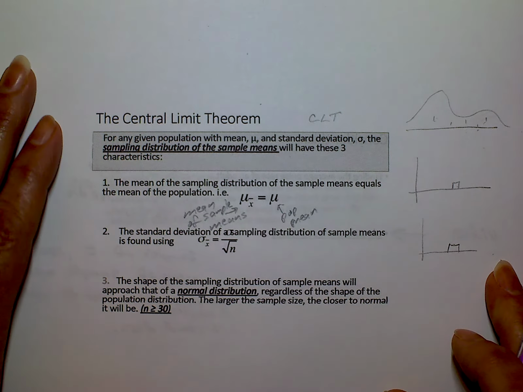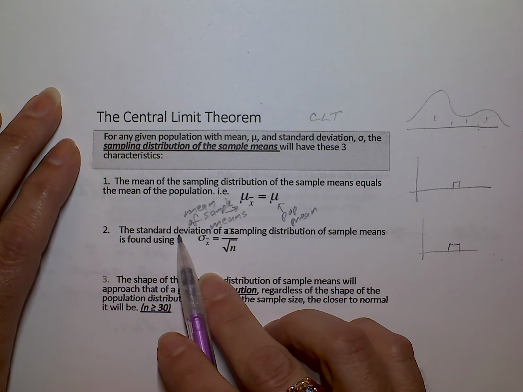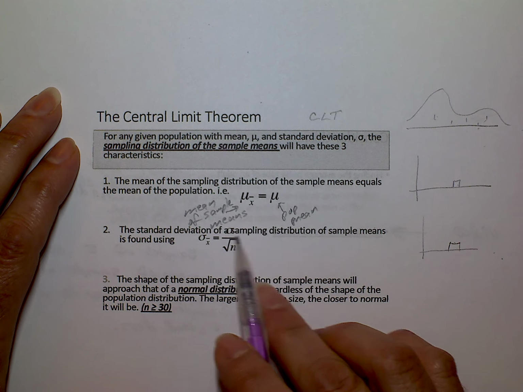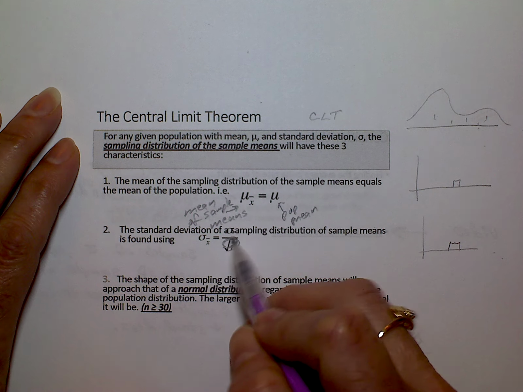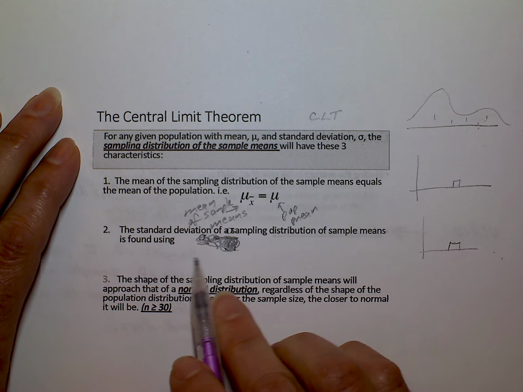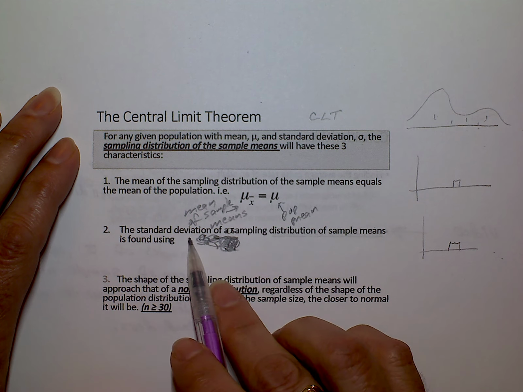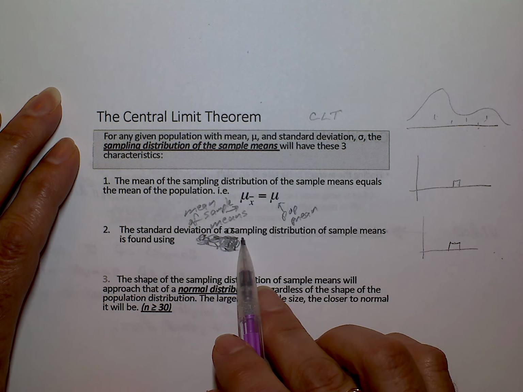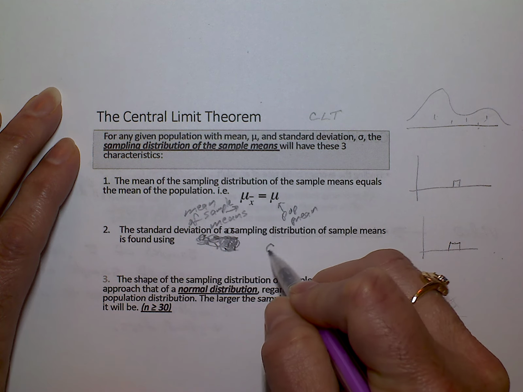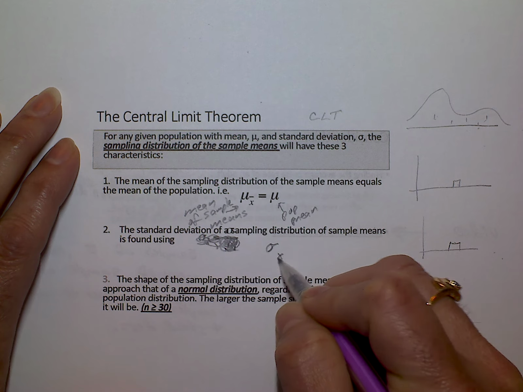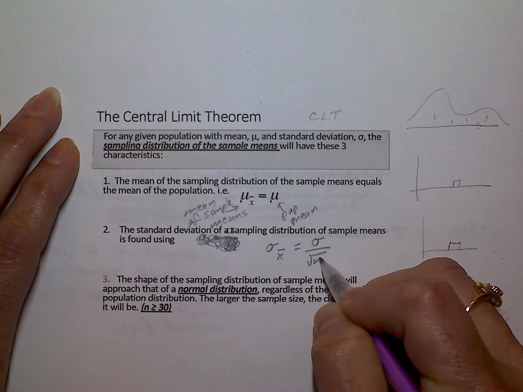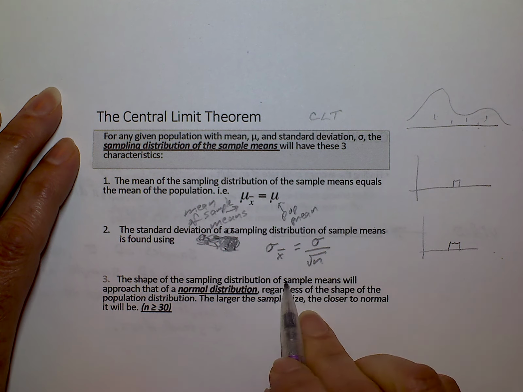Alright, second thing that happened was we noticed the standard deviation wasn't equal. The standard deviation of a sampling distribution of sample means is found using sigma sub x bar equals sigma over square root of n. This is the formula.